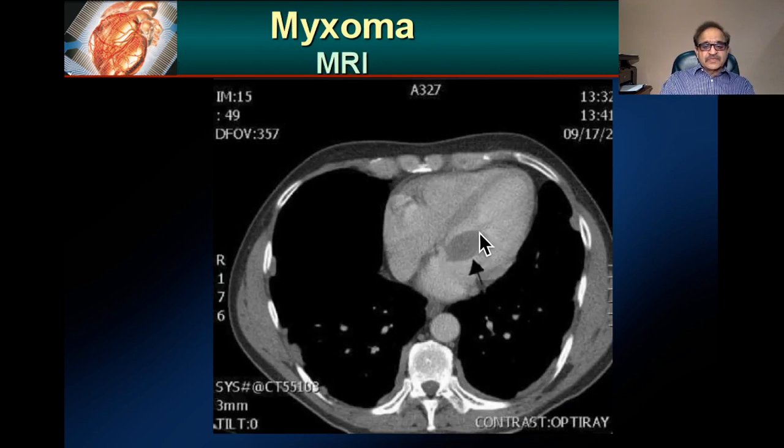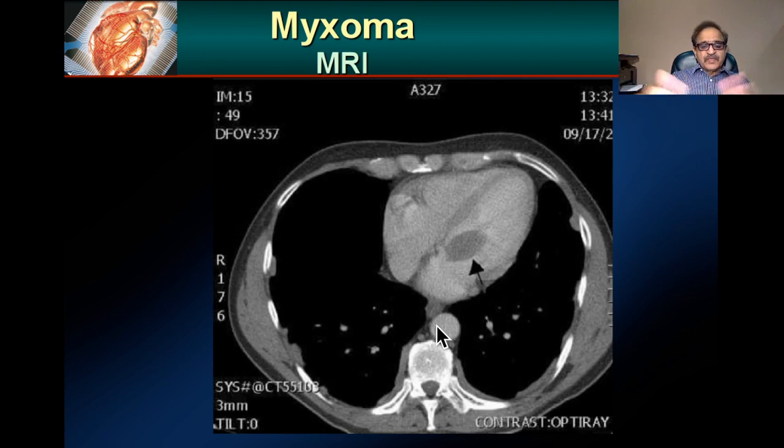MRI shows a left atrial myxoma attached with, this is the interventricular septum and this is the interatrial septum. The tumor is attached to the interatrial septum with a stalk.